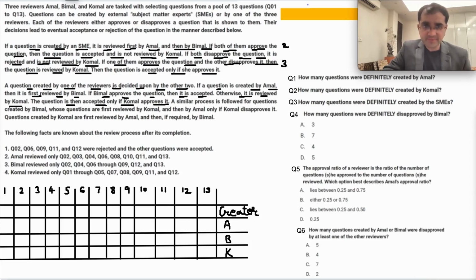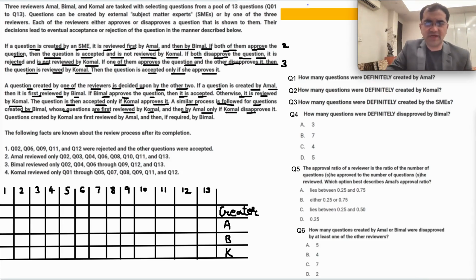So if B has disapproved, then it will go to K, and it all depends on K. A similar process is followed for questions created by B. After B, the next person, K, sees it first, and if K has approved, only one person is required, sufficient. But it goes to A if Komal has disapproved of it.